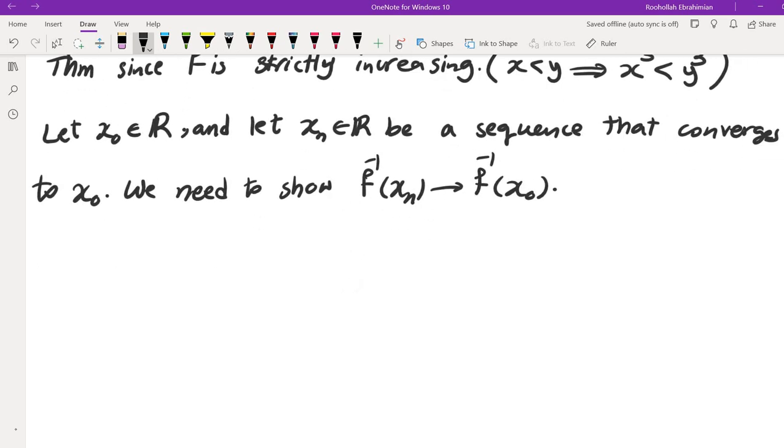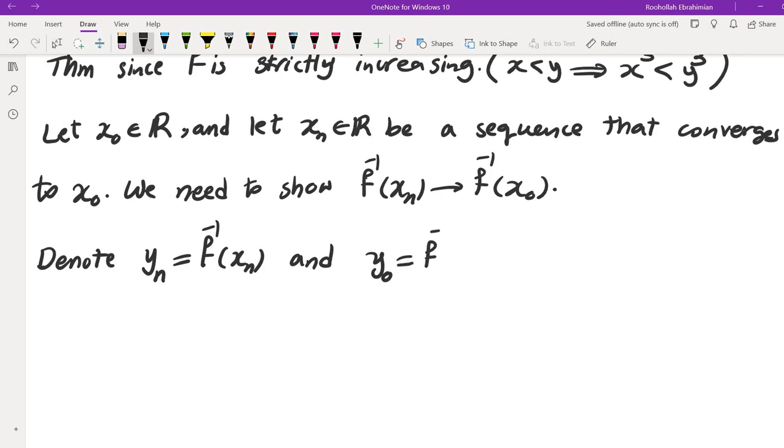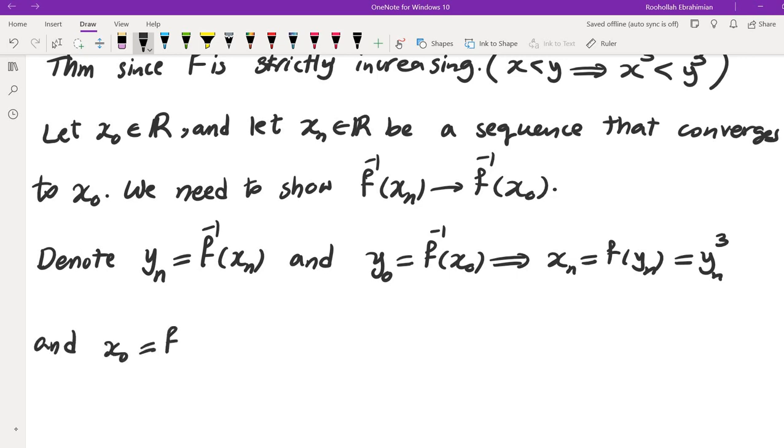So let's simplify things a little bit by denoting that sequence f inverse of xn by yn, and the other one, f inverse of x0, by y0. So this means xn would be f of yn, which is yn cubed, and x0 would be f of y0, which is y0 cubed.